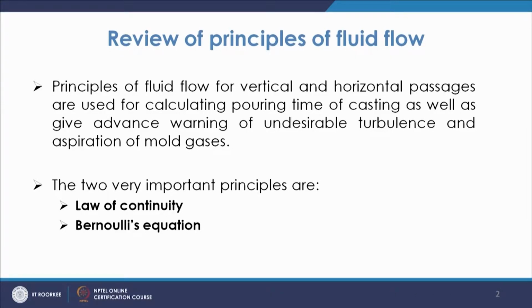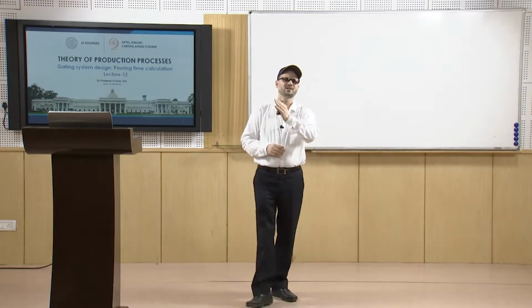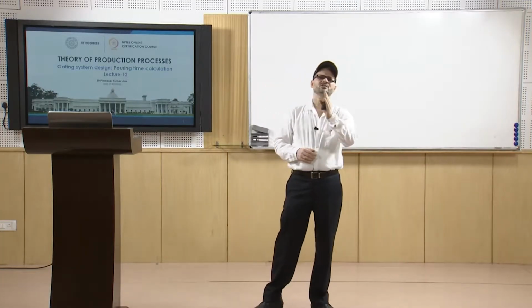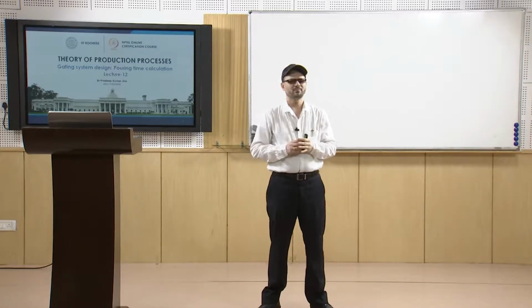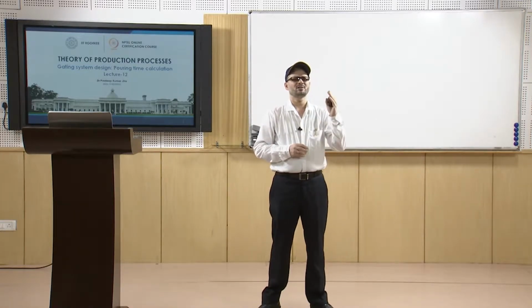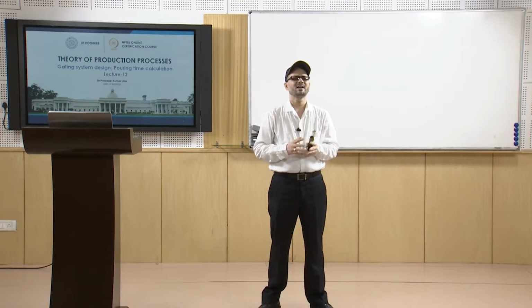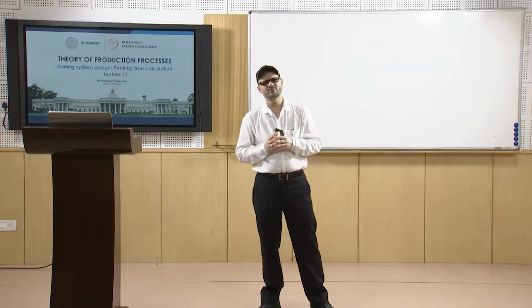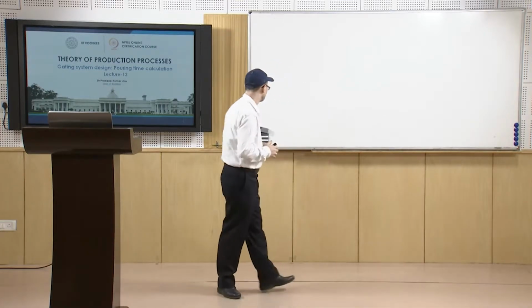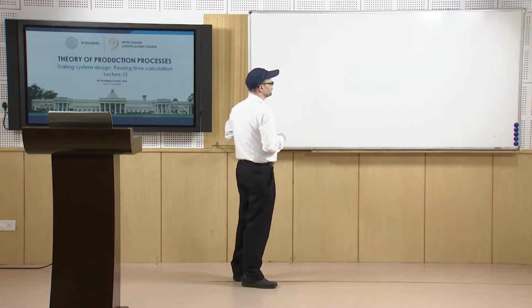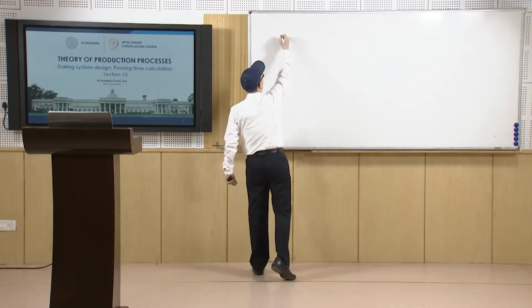When you have any channel, conservation of mass should be applicable at two points. Conservation of mass is nothing but rho 1 A1 V1 equals rho 2 A2 V2. That is how the law of continuity holds good.